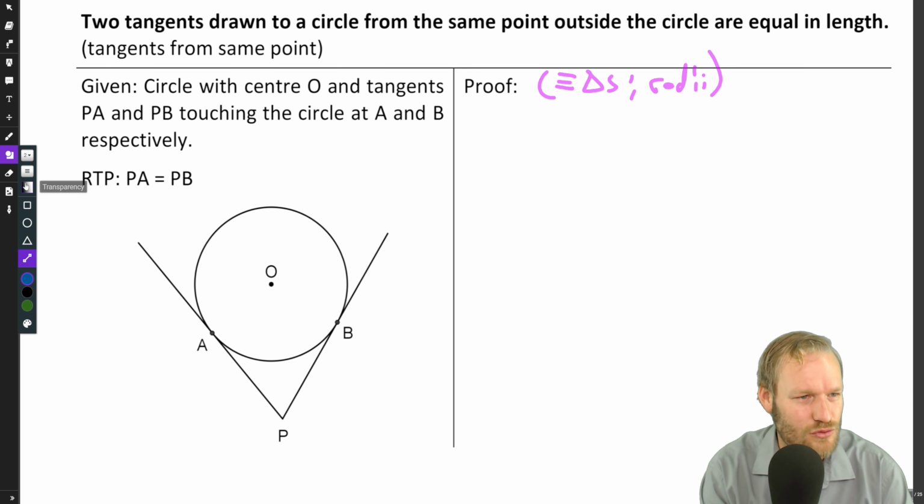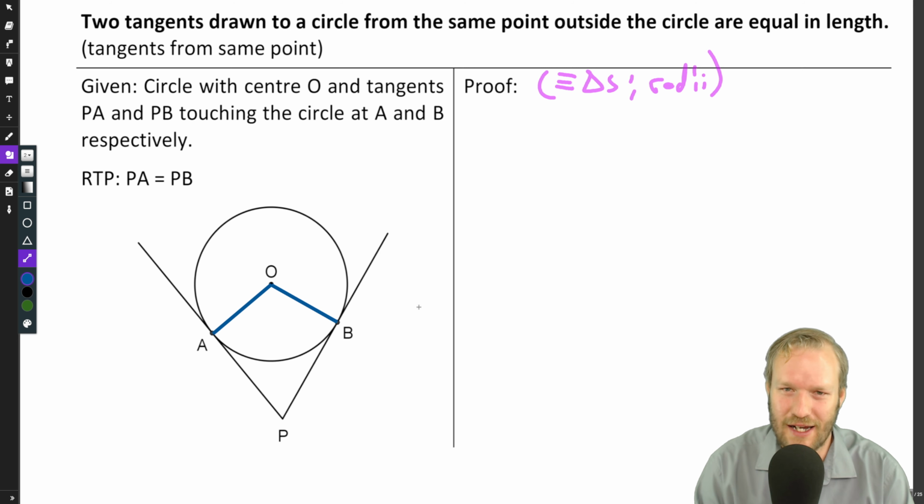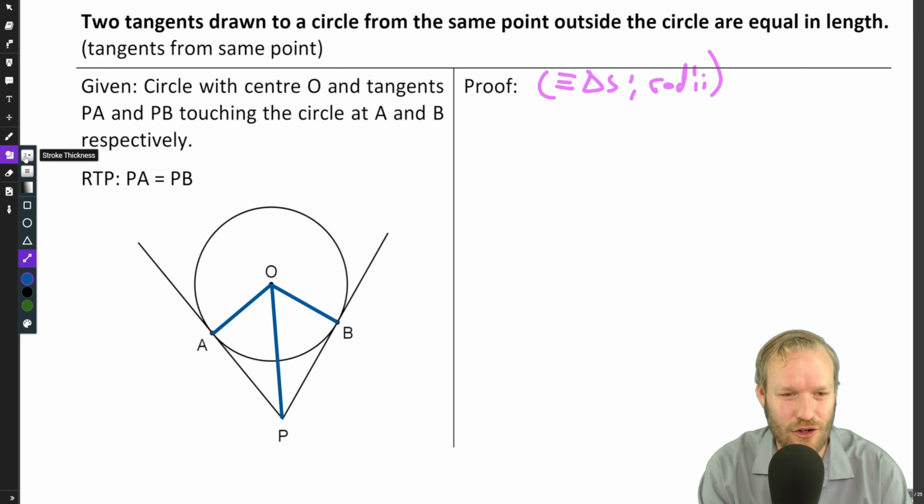We're going to construct that radius, and that radius. They feel like the obvious radii to construct. We're also going to use congruent triangles, so I'm going to construct a line from O to P, creating two triangles that we're hopefully going to prove are congruent.